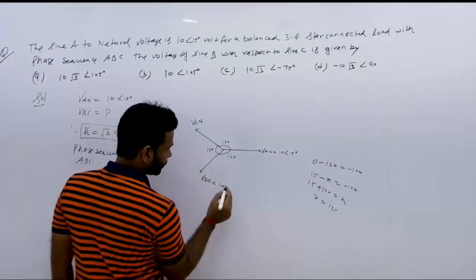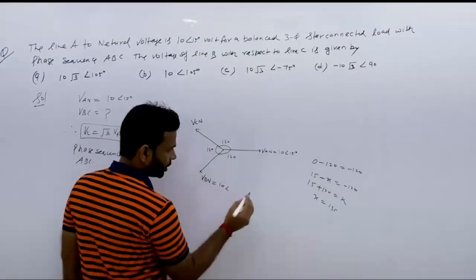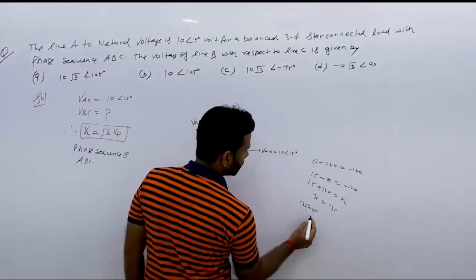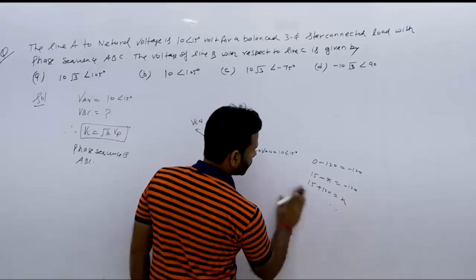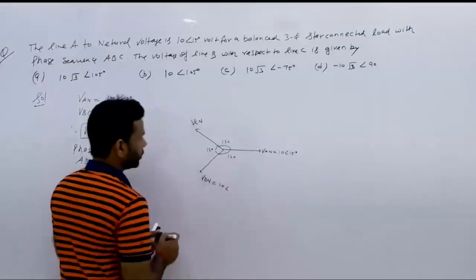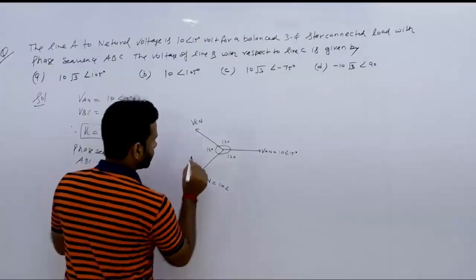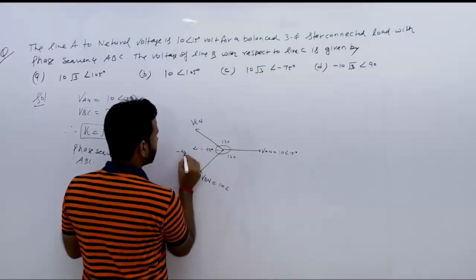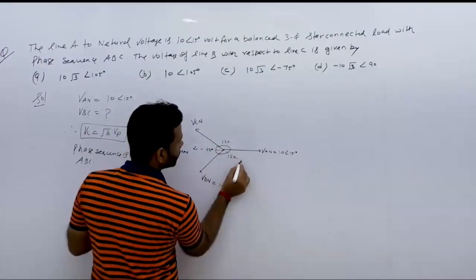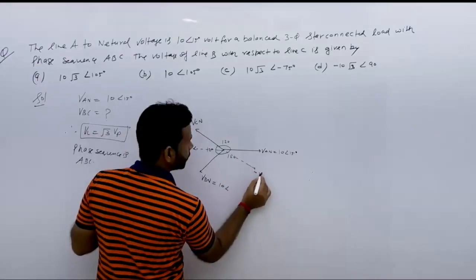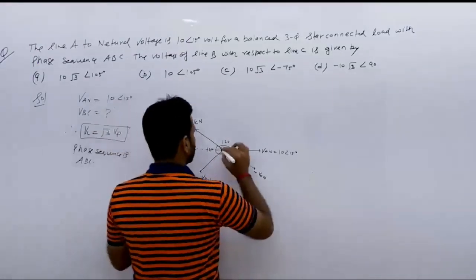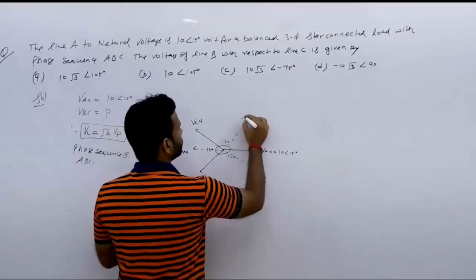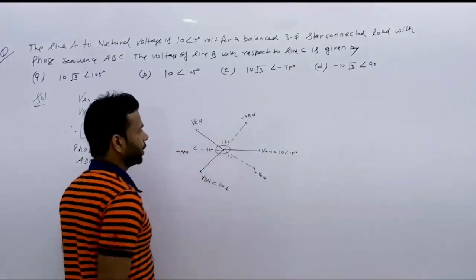Okay, and let's check 135 minus 15. Okay, so just wait, let's first draw the diagram, then we will find the answer. Okay, so it is your minus VAN, minus VCN, and minus VBN.